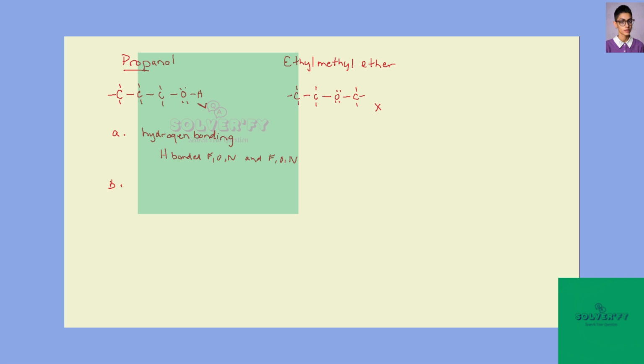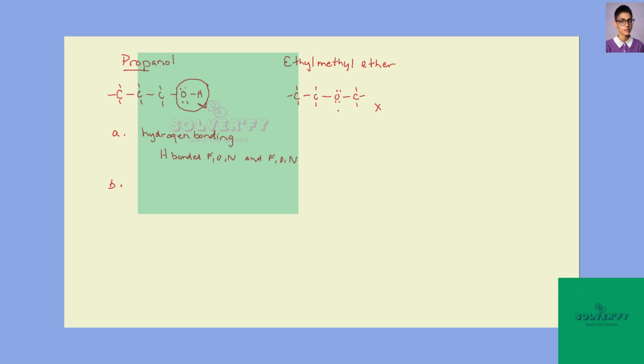In question B, it says, which molecule would you expect to have the larger dipole moment? Well, both molecules have oxygen bonded to different elements that have lower electronegativities, and neither of them are symmetric molecules. Therefore, both molecules are going to be polar. But this OH bond at the end of this molecule is really going to attract electrons towards this end of the molecule and away from this end, making propanol have a fairly significant dipole moment, where here you have carbons on each end and oxygen in the middle.